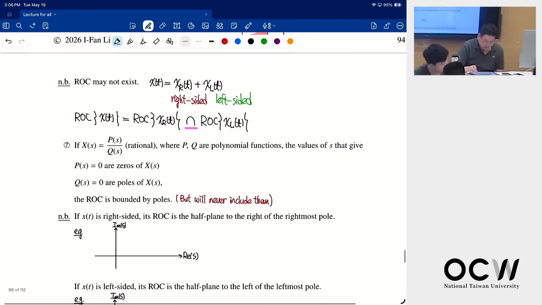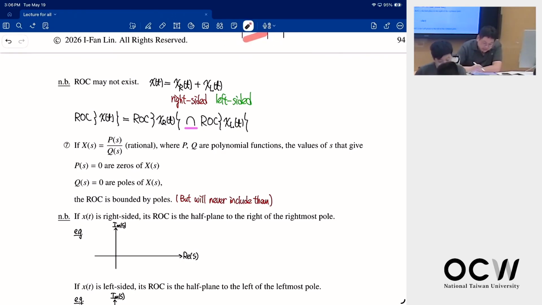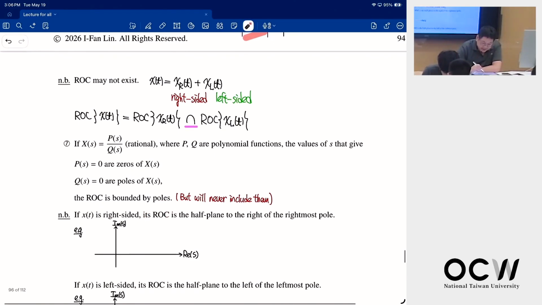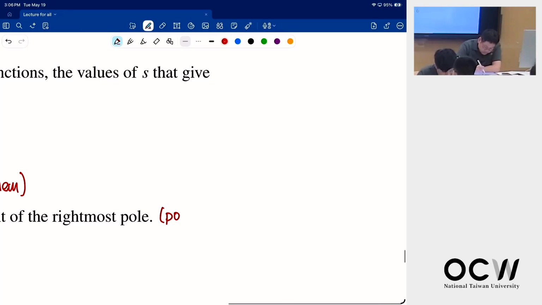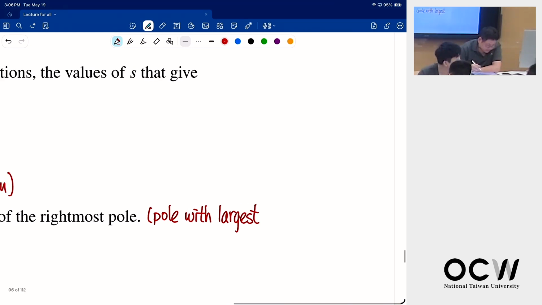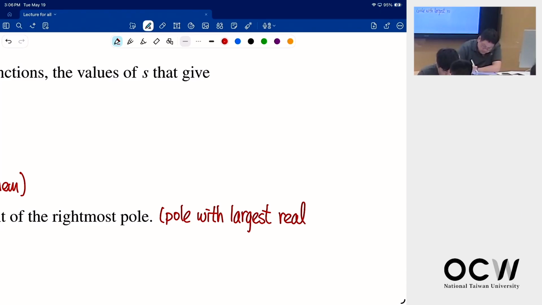So in this case, suppose X is right-sided, then what is the region of convergence? It is the half plane to the right of the rightmost pole, which means the pole with largest real component.